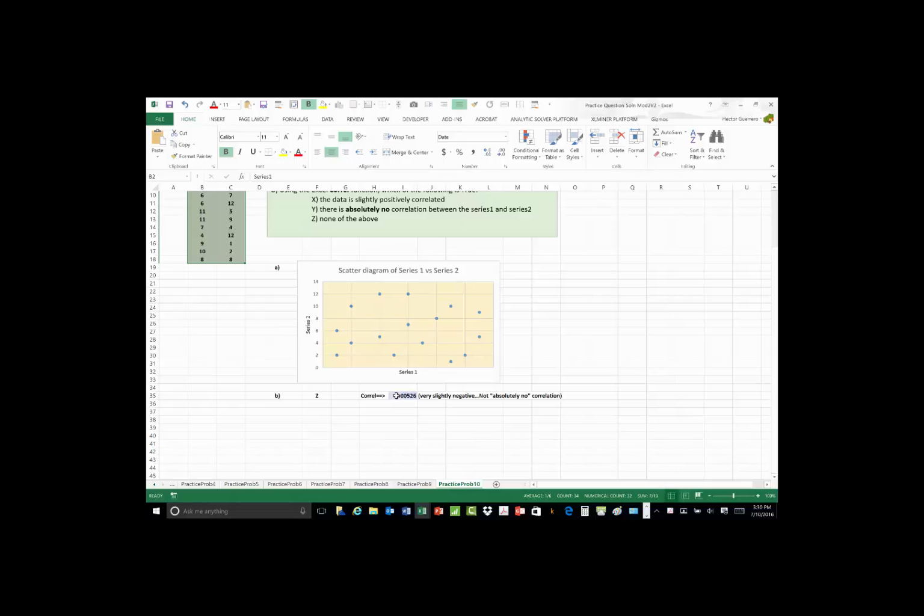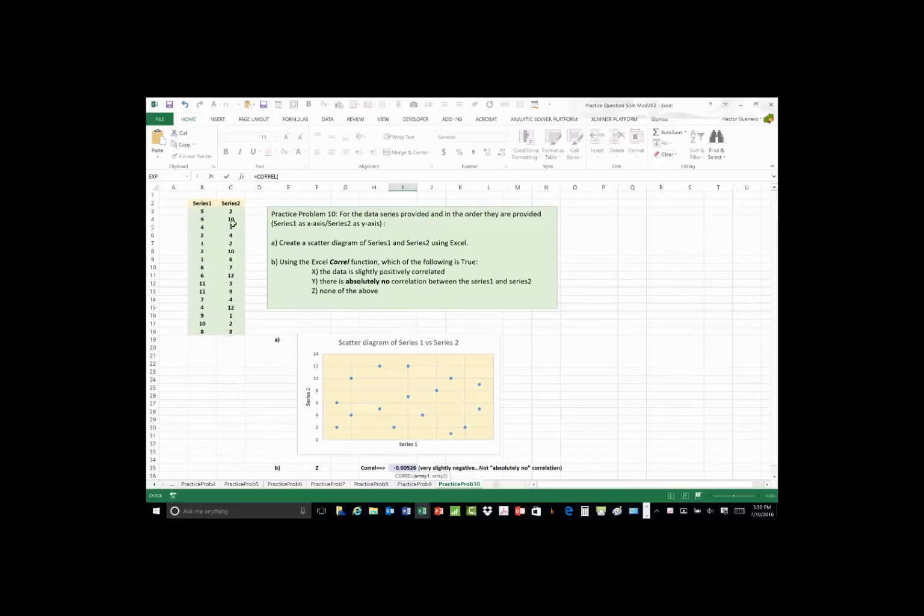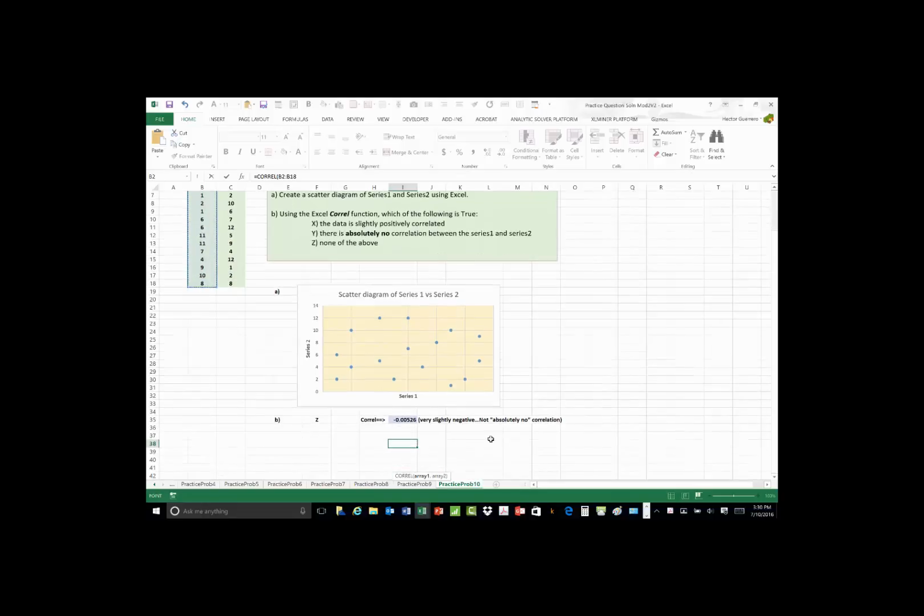So the correlation function obviously is probably going to have a CO something in it. Here it is. It pops up, CORREL. It says, where's your first array? Well, my first array is my first series. Hit a comma.